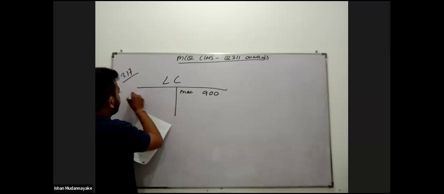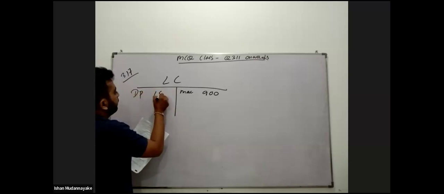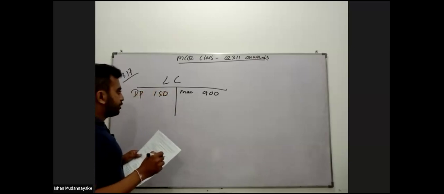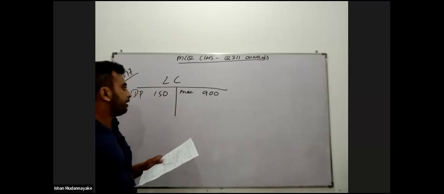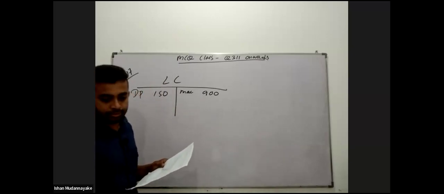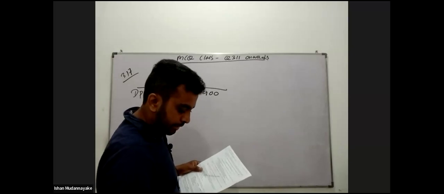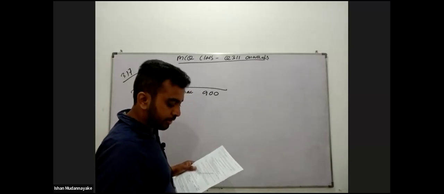Purchase price of machine 900,000, but down payment 150,000. Then what is the initial lease liability? 750,000 is the initial lease liability.